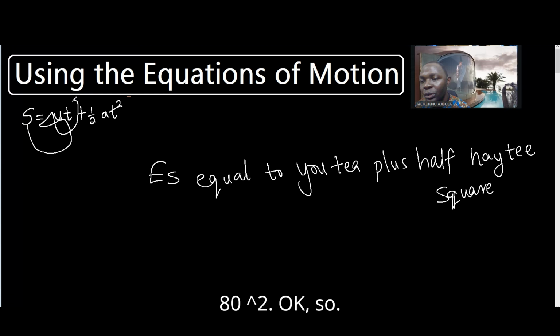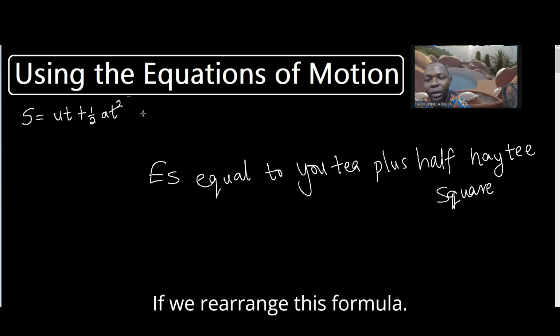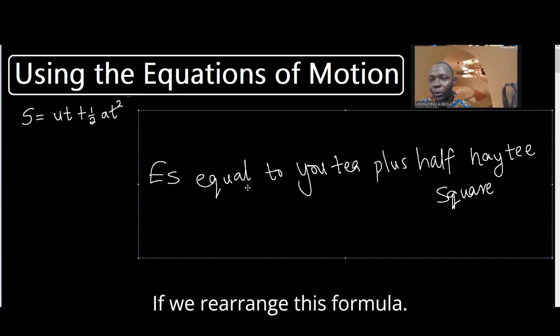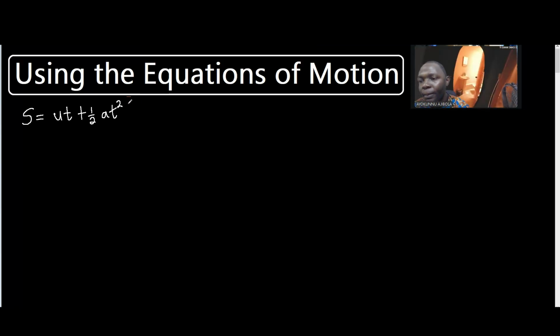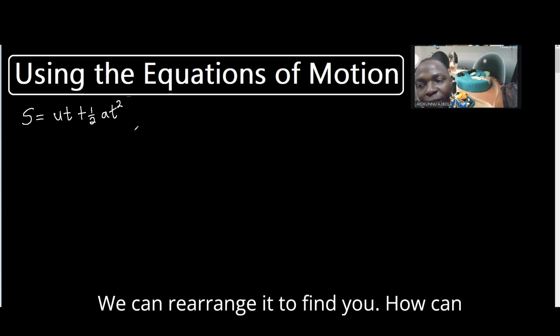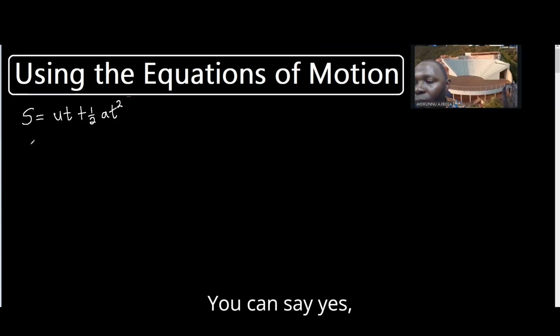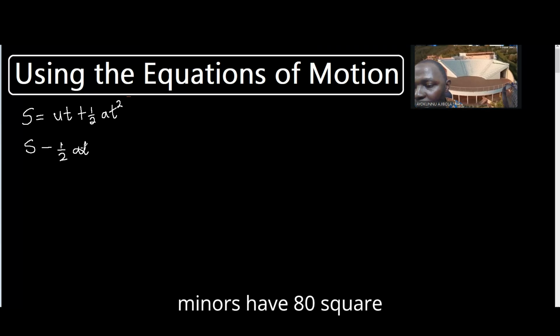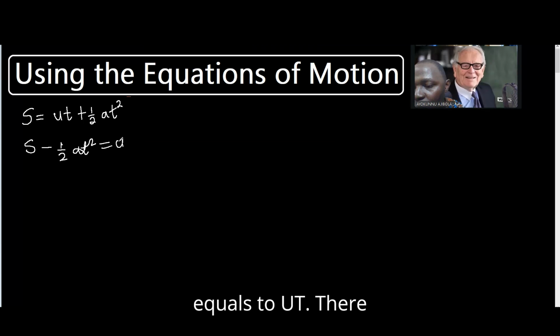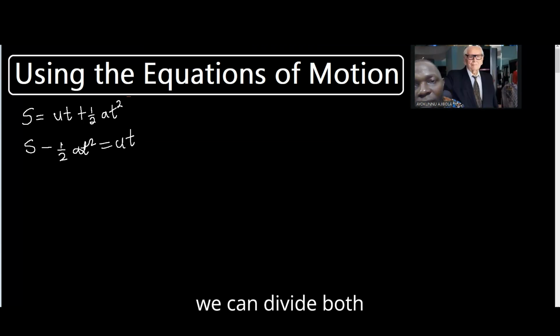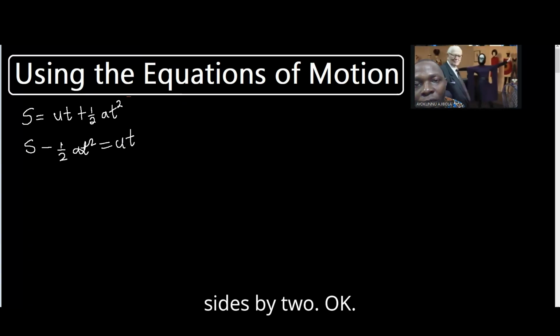Yes, sir. Okay, so if we rearrange this formula, we can rearrange it to find U. How can we do that? We can say S minus half AT square equals UT. Then we can divide both sides by T, okay?